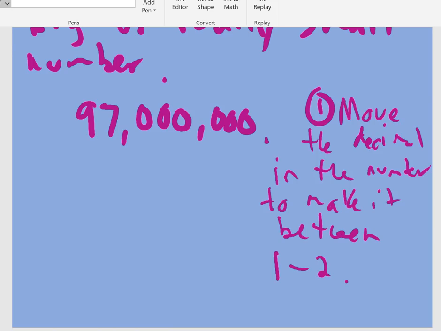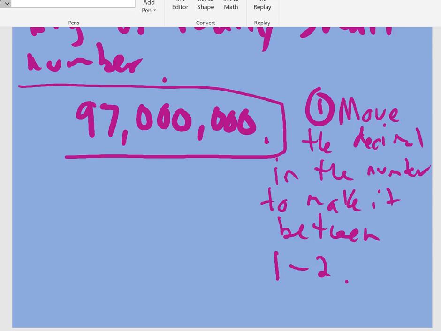So the decimal in the number 97 million, it's all the way here at the end. We're going to pick this decimal up and put it somewhere in that number that would make it a number between 1 and 10.